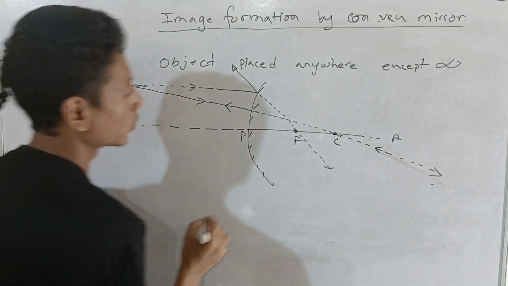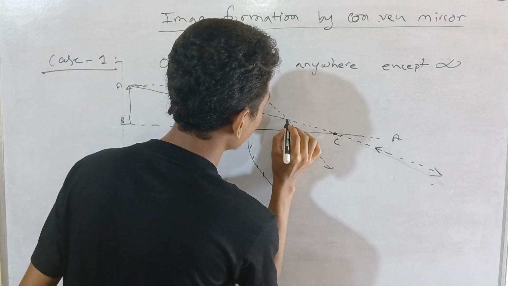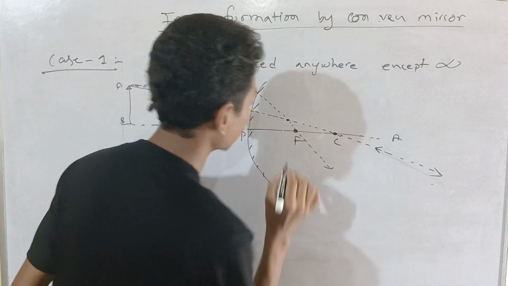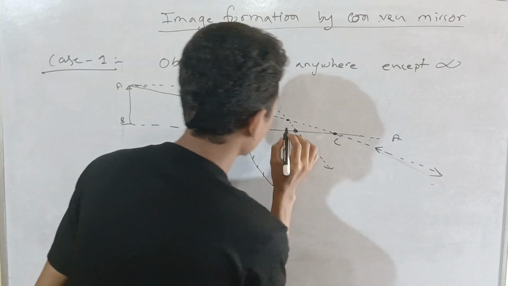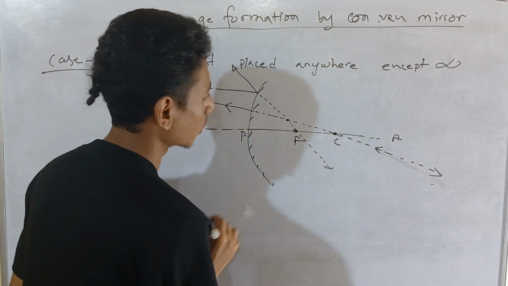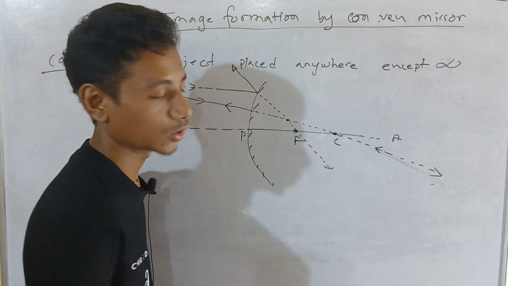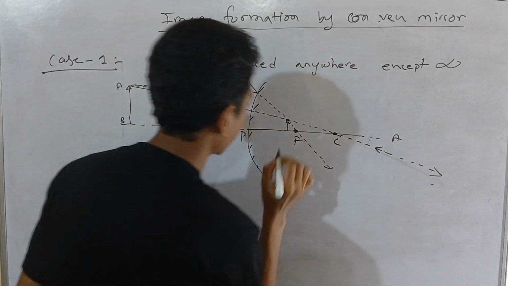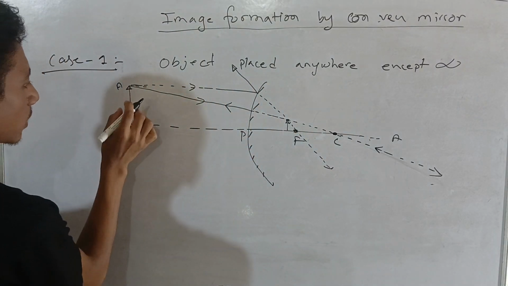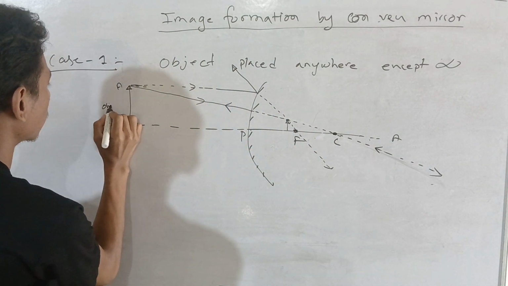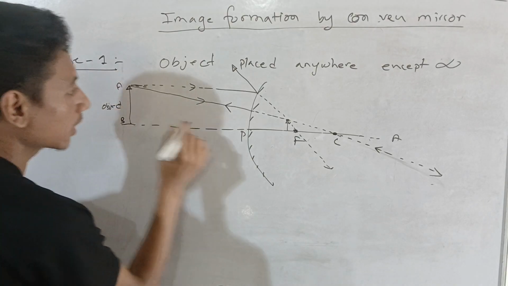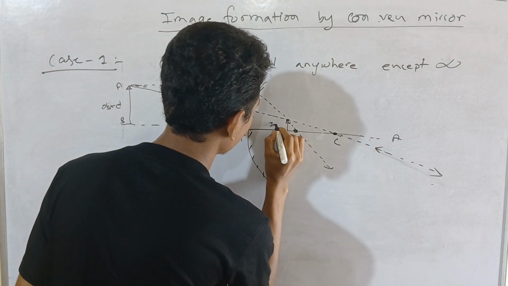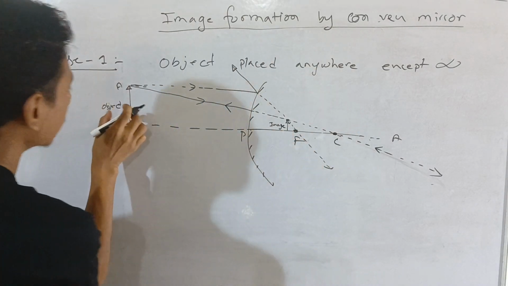So both the imaginary reflection rays meet on that side. Here is the meeting point of both reflection rays, so here the image is formed. This is the object, and this is the image of that object.